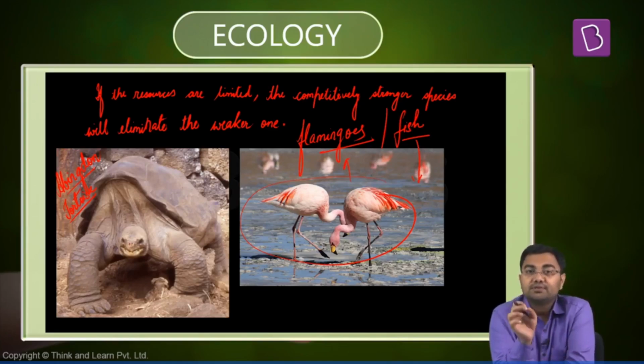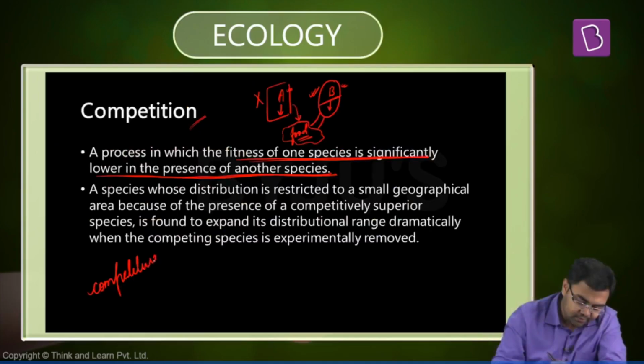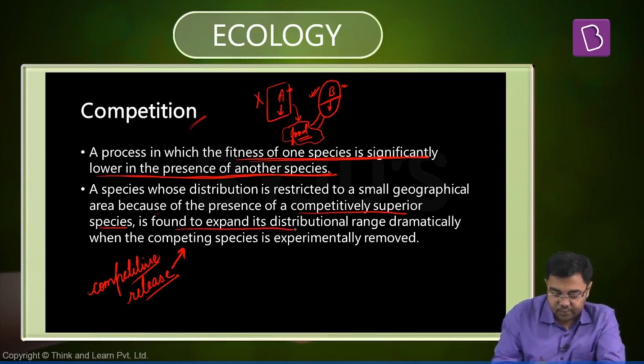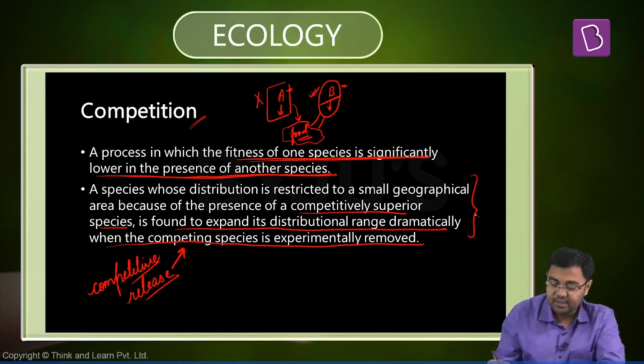Another evidence for the occurrence of competition in nature is something which is called competitive release. So what exactly does competitive release mean? A species whose distribution is restricted to a small geographical area because of the presence of a competitively superior species is found to expand its distributional range dramatically when the competing species is experimentally removed.